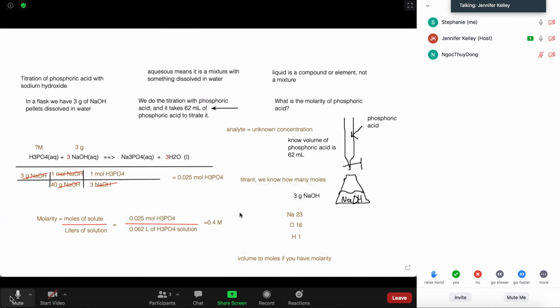So depending on how many moles of the phosphoric acid took. Oh, okay. Interesting.